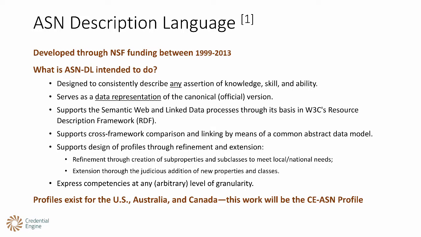And what this is saying is ASN doesn't care if your hierarchy of breaking a competency down, for example, breaking a competency down into a benchmark, into an example, it doesn't care how deep. It can handle any arbitrary level of granularity that the actual competency framework it's working with or trying to describe requires. So it is agnostic as to how deep.